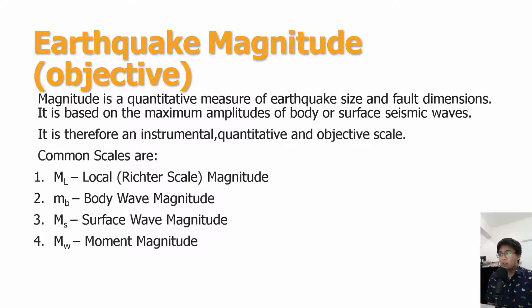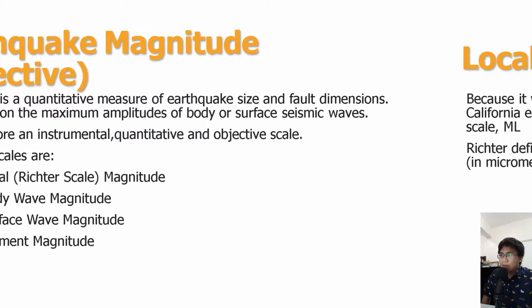Common scales are, so meron tayong 4 na formula actually. So meron tayong local magnitude scale, body wave magnitude, mini-measure niya yung body waves which is pinag-usapan natin previous video. And then next is yung surface wave, ang mini-measure naman niya yung Rayleigh and Love waves. And then last yung moment magnitude. So iba't ibang computations yan, iba't ibang formula at paano yan ginagamit at saan ginagamit.